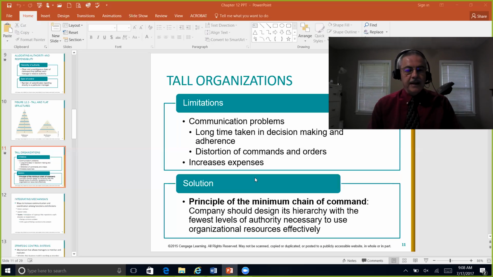So which one is best, centralized or decentralized? It's really going to depend on the type of organization and what their mission is. Obviously, some organizations, and I'll use the military, are very hierarchical. The healthcare industry is very hierarchical.